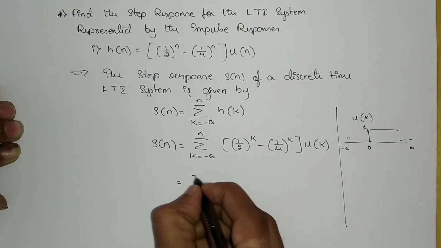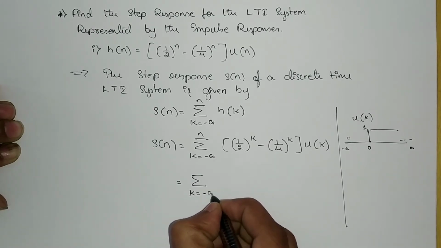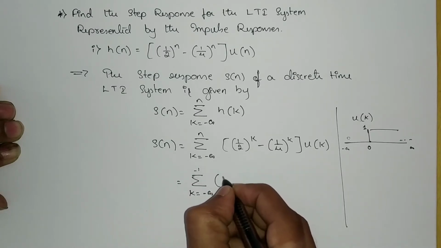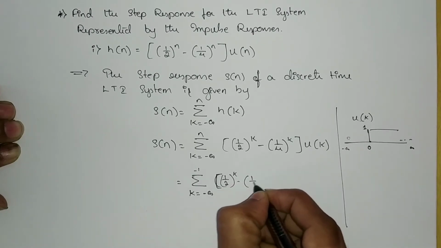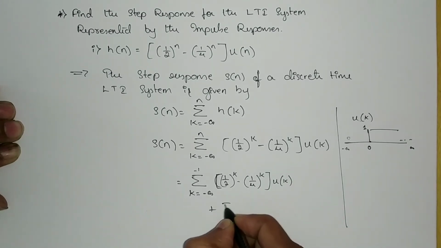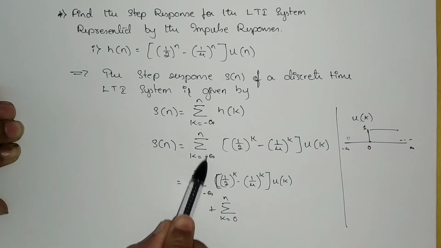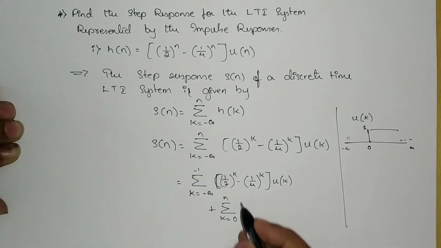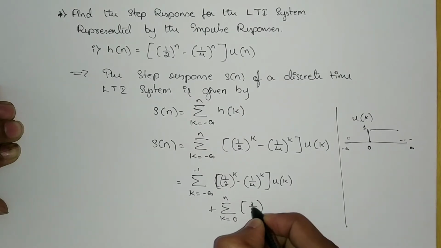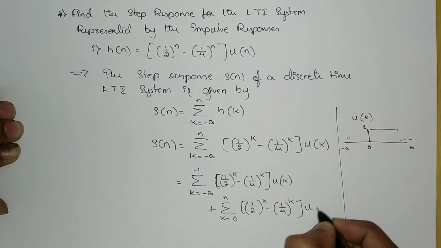Therefore, the limits become k equals minus infinity to minus 1 of (1/2)^k minus (1/4)^k into u of k, plus summation of k equals 0 to n of (1/2)^k minus (1/4)^k into u of k. I am just splitting the summation limits from minus infinity to n into two parts.